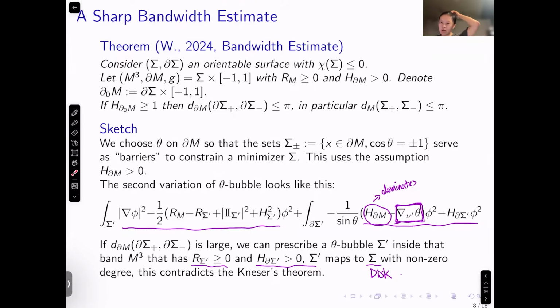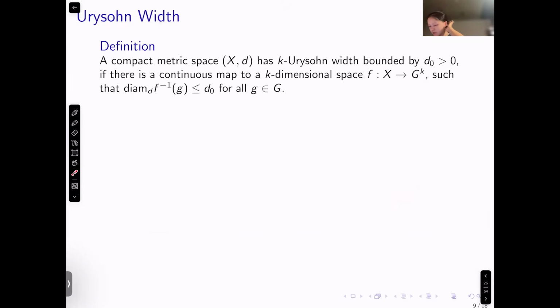So now another application of theta bubble has to do with Urysohn width. And let me tell you what is Urysohn width. So for a compact geometric space, we say that it has Urysohn width bounded above by D0 if you can map it to a k-dimensional simplicial complex such that the diameter of each fiber is bounded by D0.